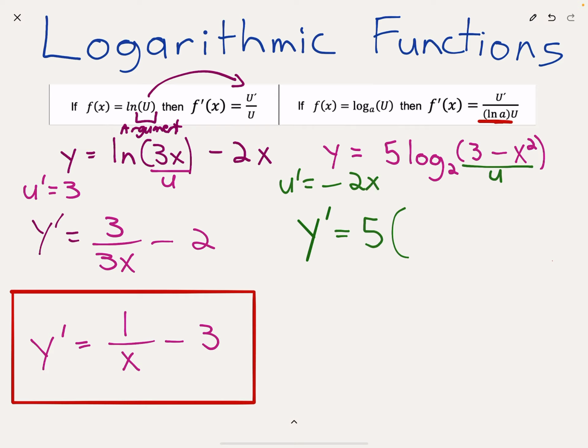So that section, that u derivative, is in the numerator, minus 2x, over the argument exactly the same, 3 minus x squared, and we're just going to add the natural logarithm of the base, in this case of 2. I check, can I simplify anything? Can I like write this in a little better way, more order?